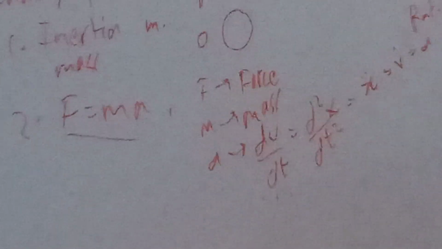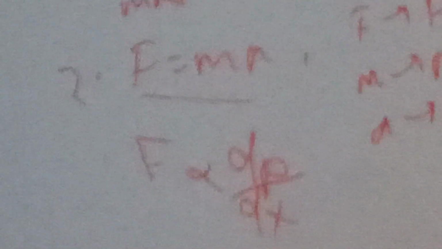That's the second equation. But please, that's not the law. If you want me to give you marks for the law, then what I want you to tell me is F is proportional to dp by dt. F is proportional to dp by dt.